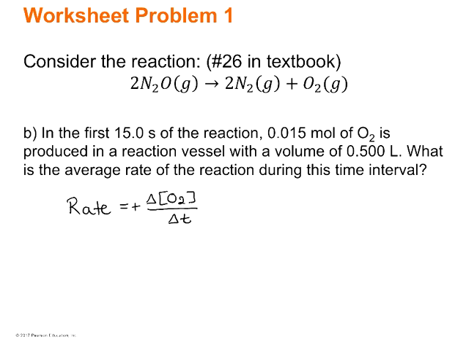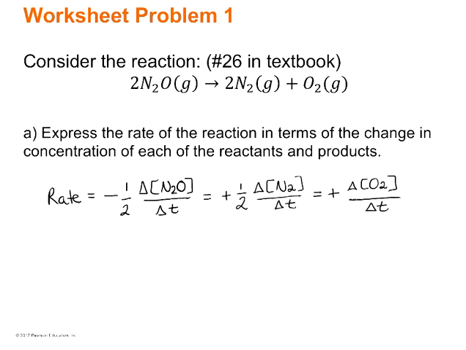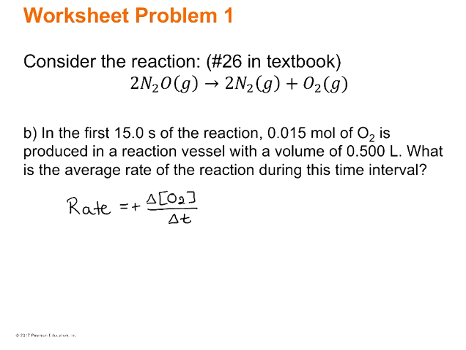So that was from our previous slide there. So now we can just plug in what we were told. So let's calculate the concentration of O2 after the first 15 seconds of the reaction.